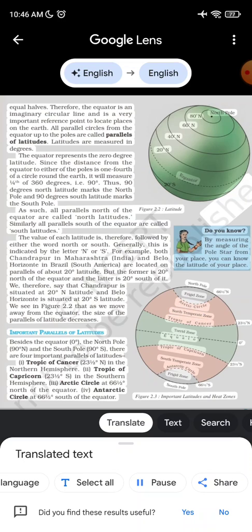North Temperate Zone. 23.5 degrees N. Torrid Zone. Equator. Tropic of Capricorn. 0 degrees. South Temperate Zone. Antarctic Circle. Frigid Zone. South Pole. 66.5 S. Figure 2.3. Important latitudes and heat zones.